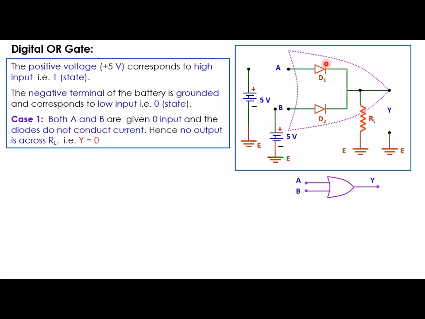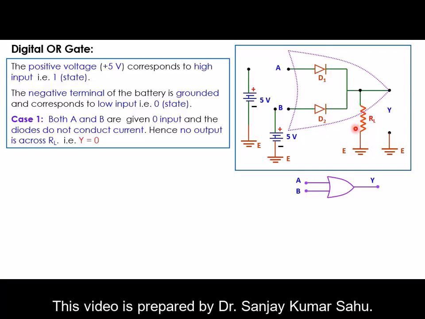If we are giving 0 inputs to both A and B, then these diodes D1 and D2 will not conduct any current. And if they are not conducting any current, there will be no potential drop across this load resistance RL. If there is no current flowing in this direction, there will be no potential drop across this resistance RL.